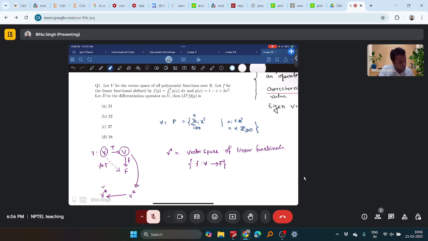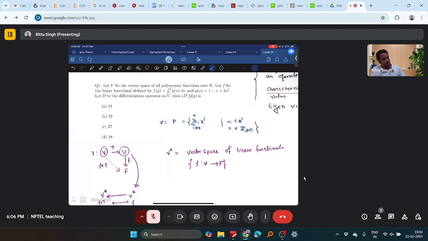And what is the definition? Take any functional f, map it to f compose T. Clearly this f compose T is a linear functional from V to F. So thus we get another linear operator between those two dual spaces, from V star to V star.